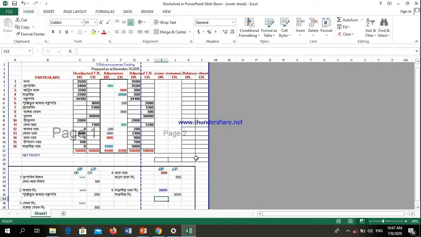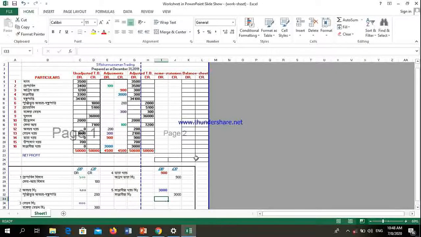Okay, now it is time to calculate the income statement. You know very well, income statement only considers the loss, cost and revenue. That means cost items will be treated on the debit side and revenue items will go to the credit side.